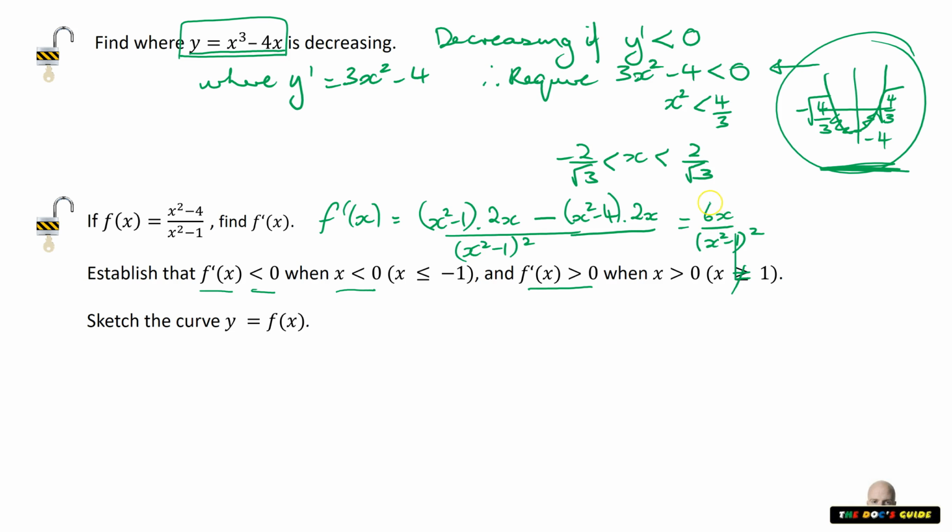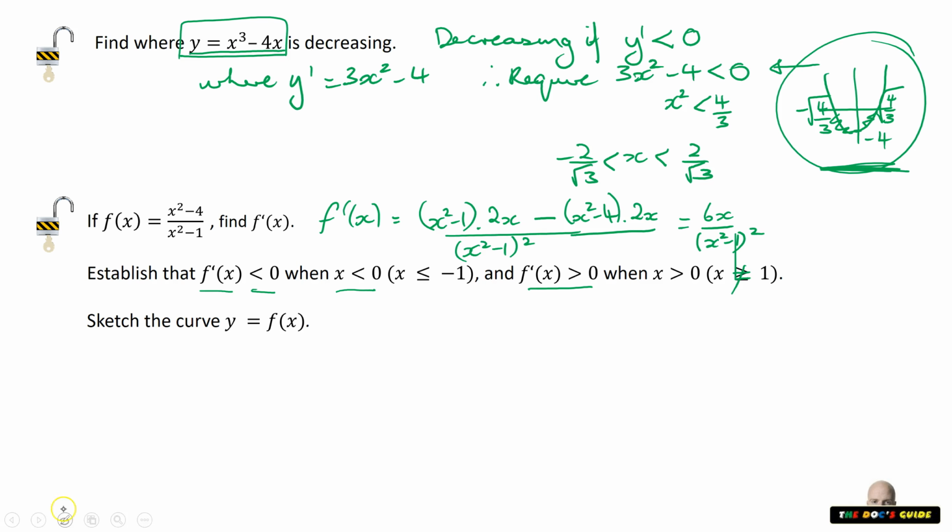But it's always positive, so if we have our values of x which are positive, then our whole fraction will be positive. So now we know that the slope is always negative for x less than 0, always positive for x greater than 0, but we can't have x equaling plus or minus 1 and have the slope defined.